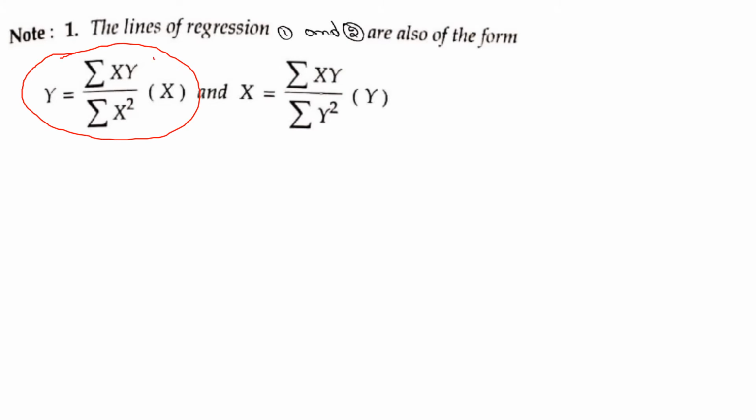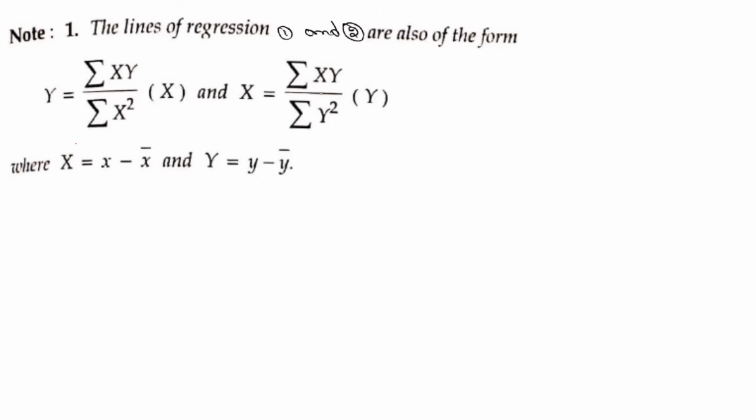This is the line of regression of y on x, and the other line of regression, that is the line of regression of x on y, can be written like this, where capital X is x minus x bar and capital Y is small y minus y bar.